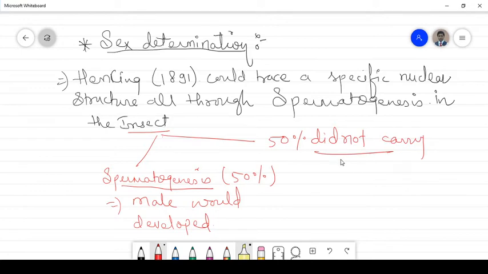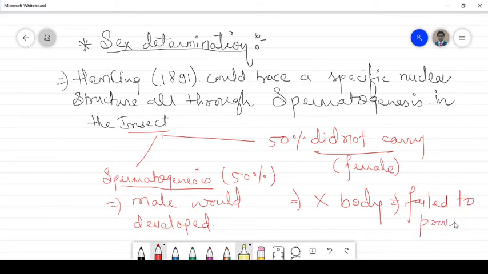So, in all, it developed into the female, we can say. Henking gave a name to the structure, the X body. But he failed to prove its significance.